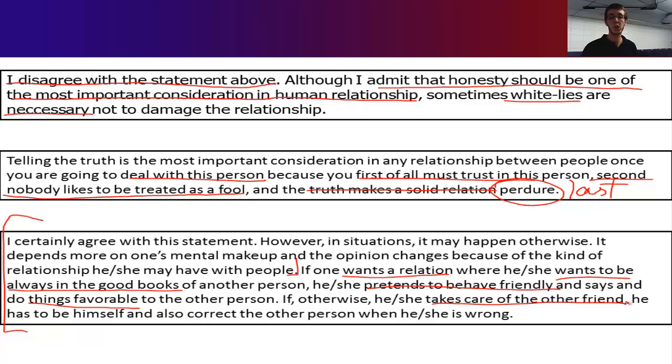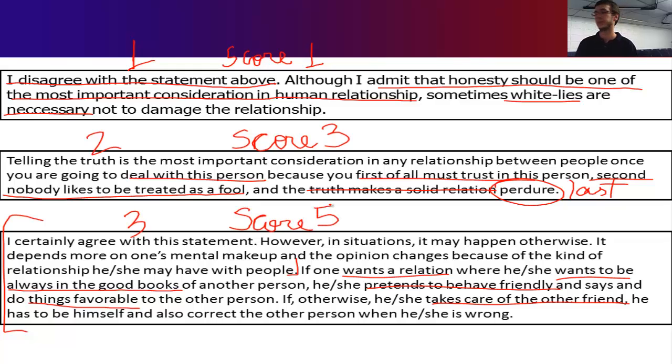It's better constructed than the second that we saw. The first one, we can pretty much say that it's not a very good introduction. On the TOEFL test, this first essay received a score of 1. The second received a score of 3. And the third received a score of 5.